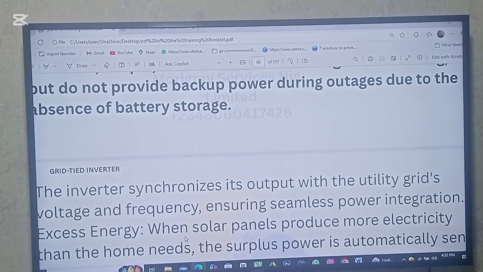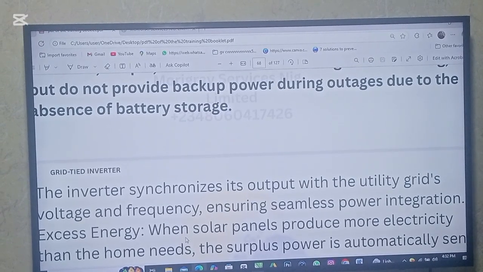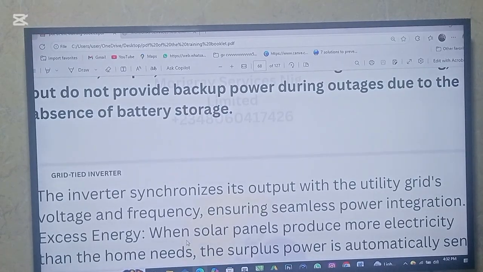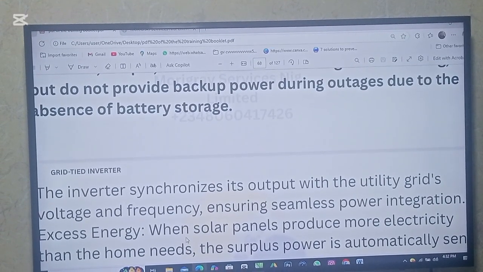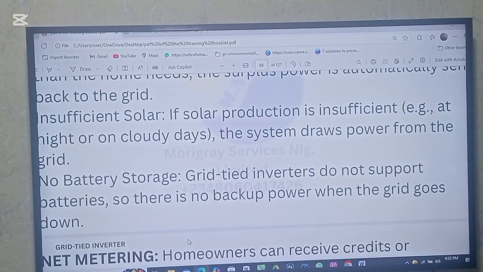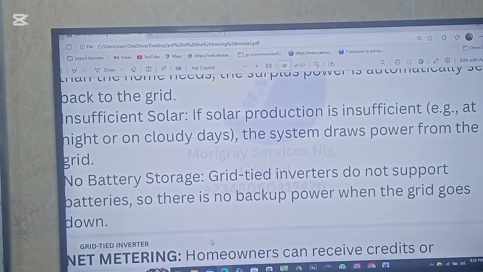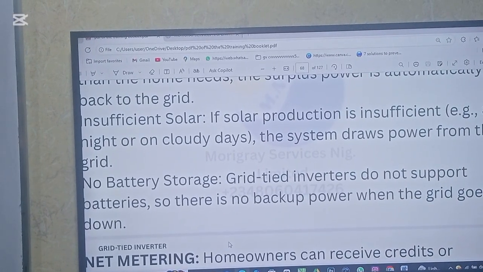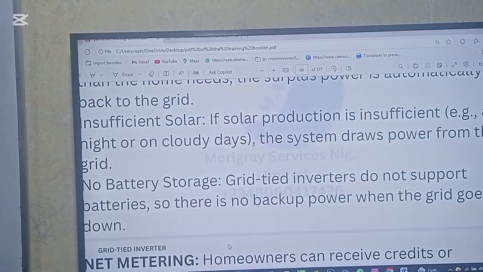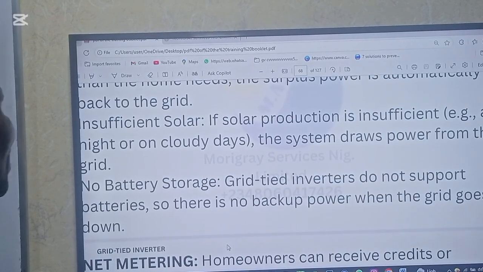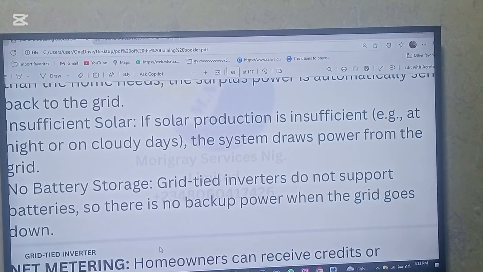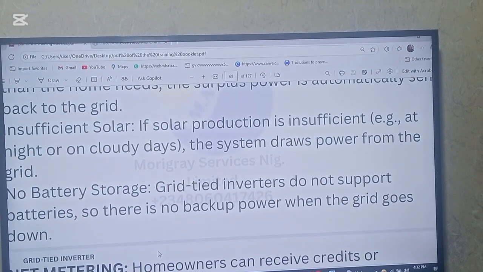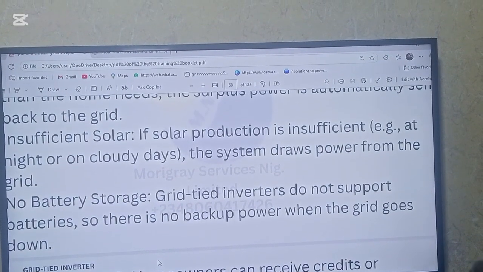Excess energy: when the solar panel produces more electricity than the home needs, the surplus power is automatically sent to the national grid so that it is backed up there. And when solar production is low, it can be delivered back to you. You will use it.